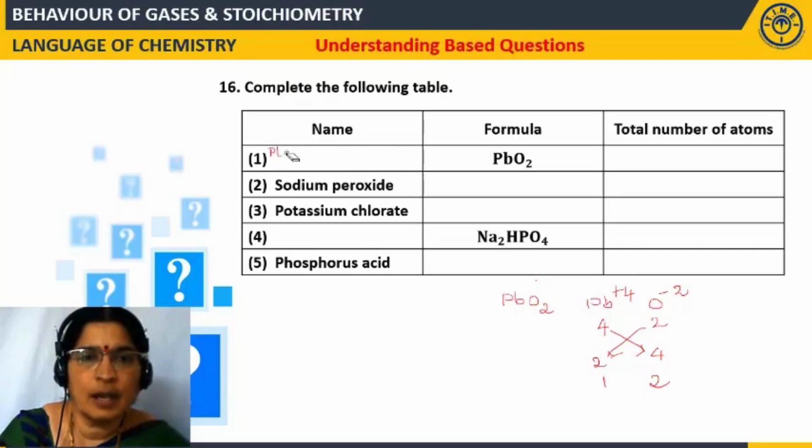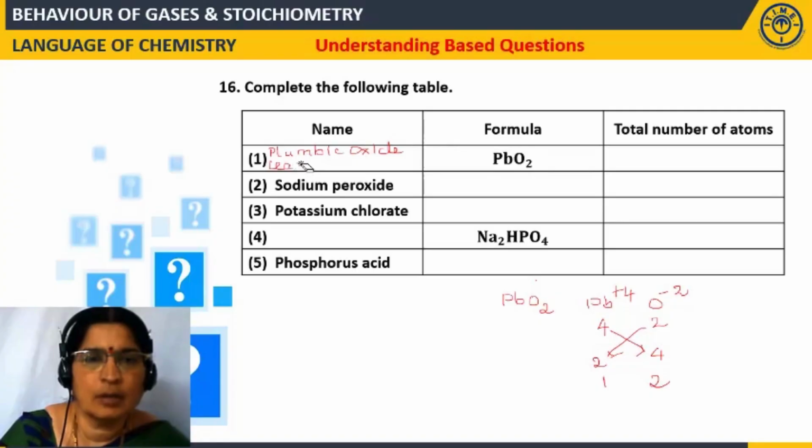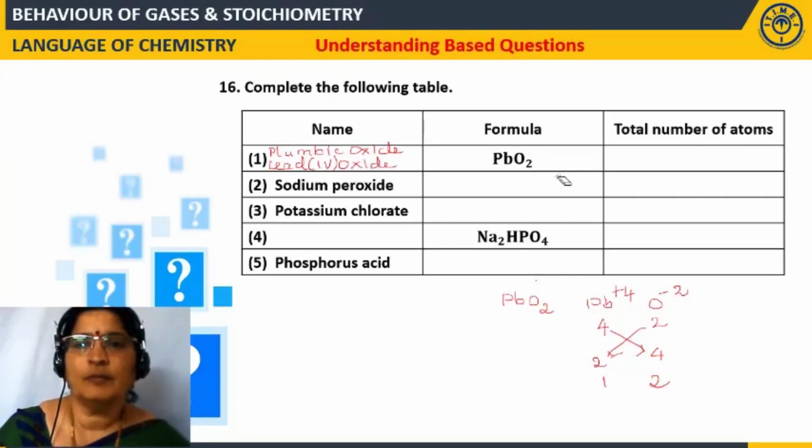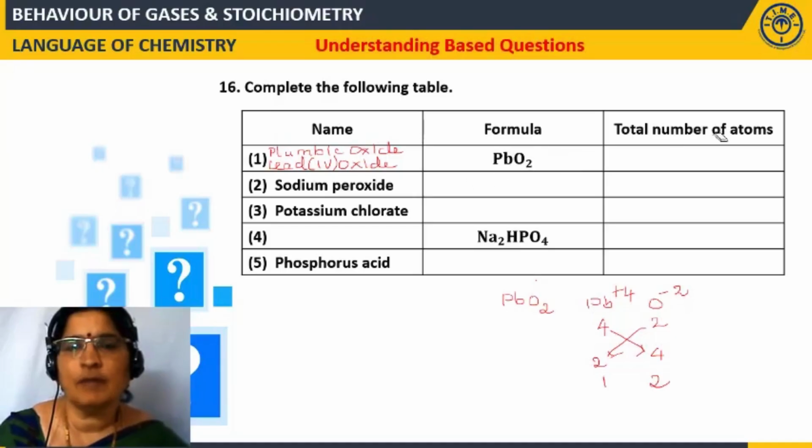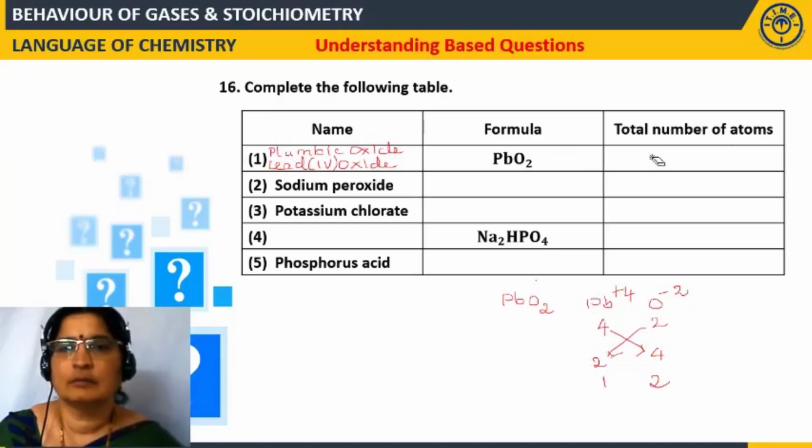So we can write plumbic oxide. We can also write it as lead 4 oxide. The total number of atoms, you can see 2 atoms of oxygen, 1 atom of lead. So totally 3 atoms are there.